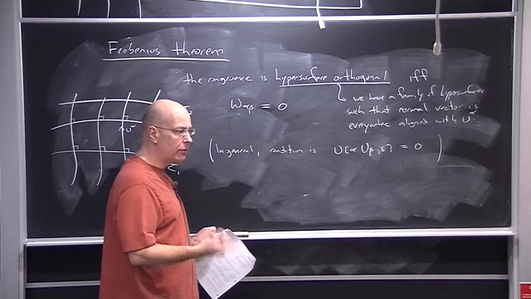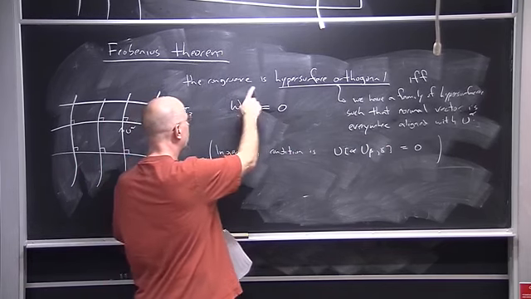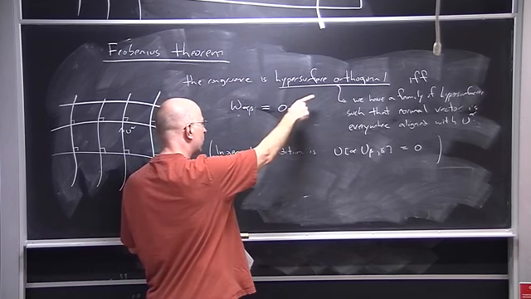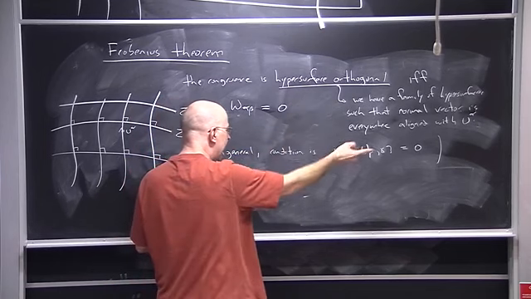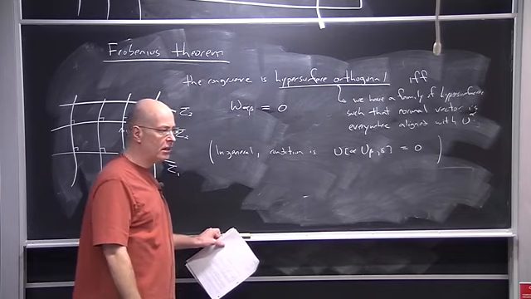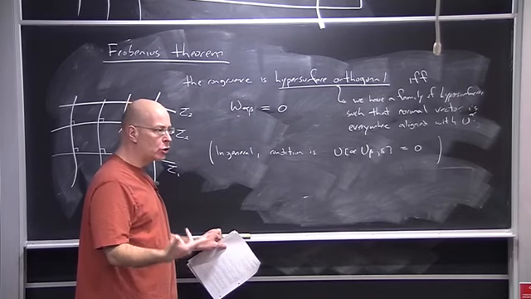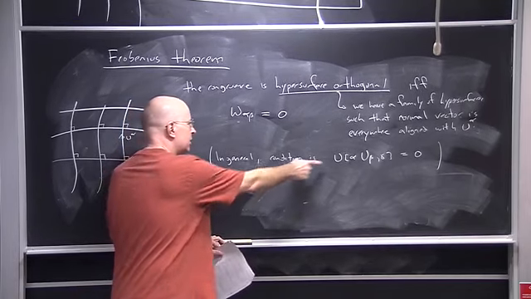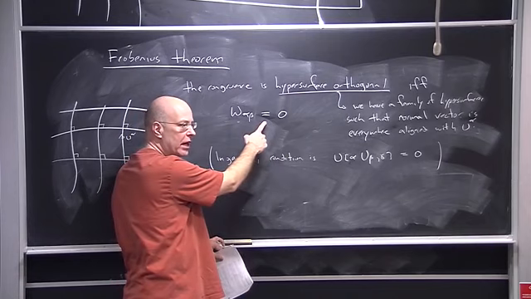And a statement then of the theorem would be that the congruence of curves in that case would be hypersurface orthogonal if and only if this condition is satisfied. When we restrict it to geodesics, this condition boils down to that.